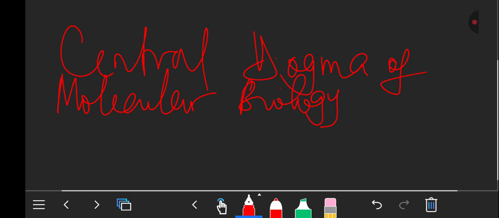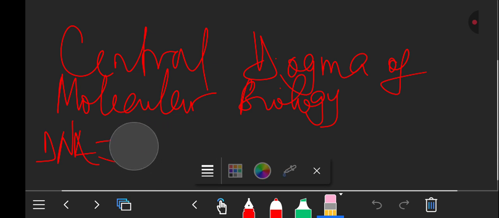This is the background where we are coming from. We said for proteins to be manufactured, there has to be DNA. Now this DNA cannot be converted directly into RNA. It has to make at least some copies of itself. So DNA has to be made into DNA again. It has to make a copy of DNA.